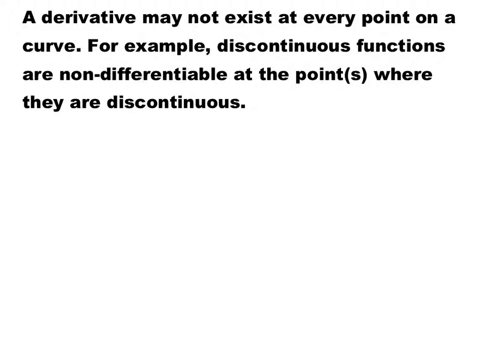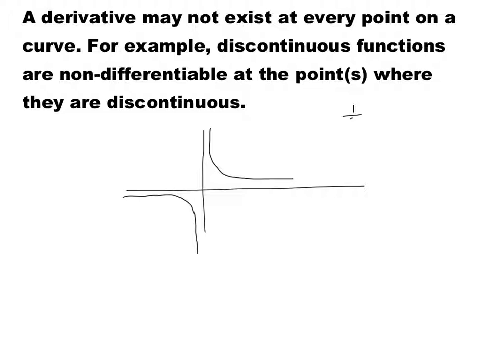One point that you have to remember is that the derivative of a function is not always defined. In the previous example, you saw that the function was like this one, and you can see that the function is not defined when x is equal to 0, because the function was 1 over x.